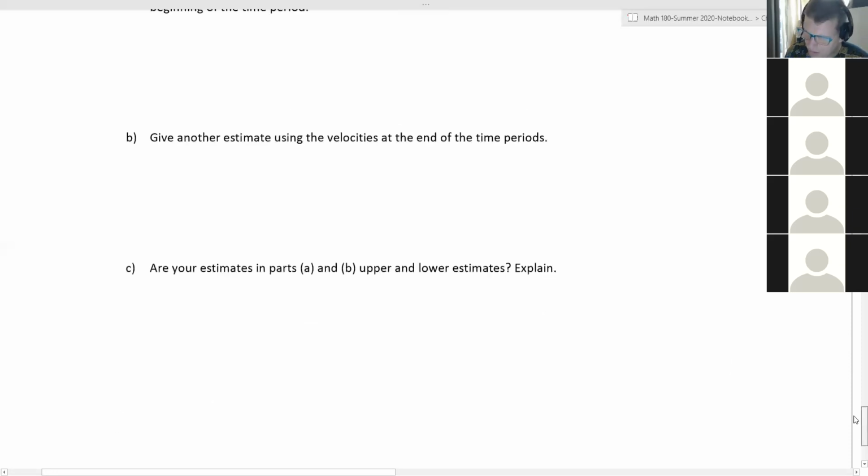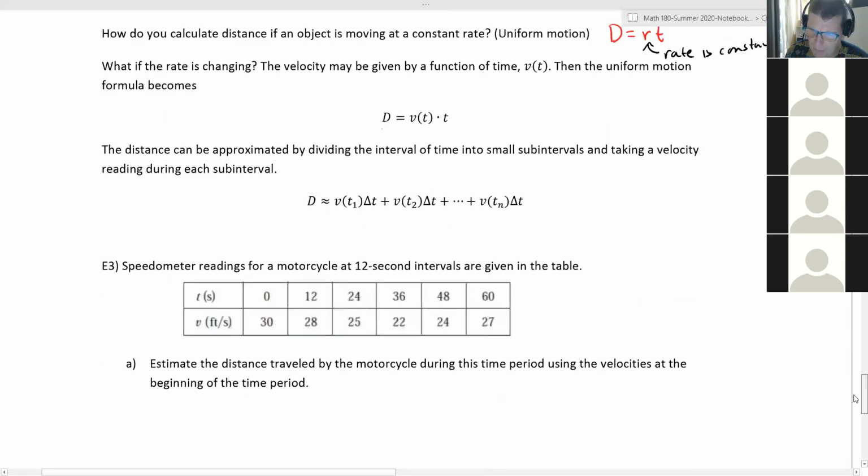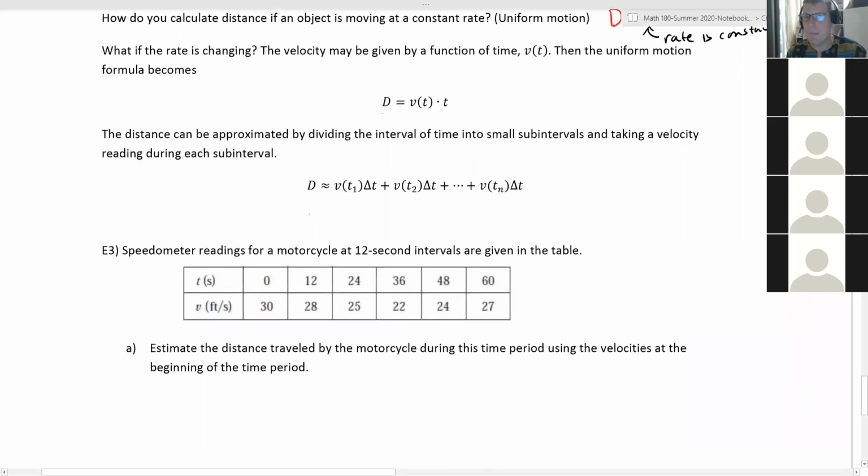So what we're going to do is represent the distance as approximately the velocity function times time, for a lot of these subintervals. These are corollary to what we just did, as these are areas of subrectangles.